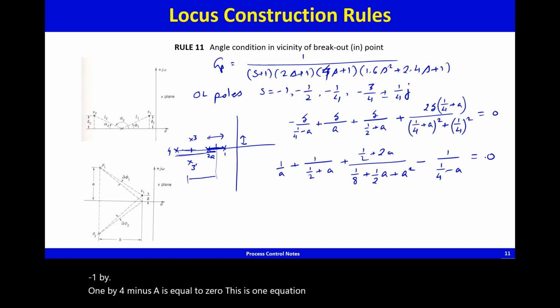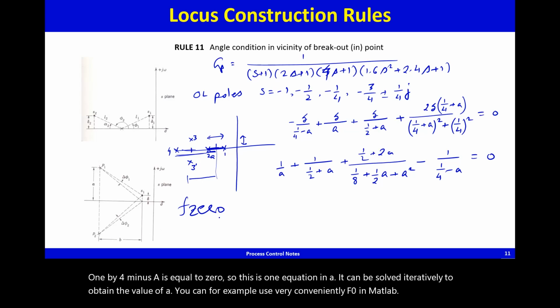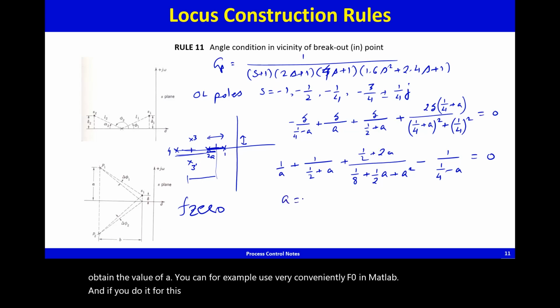It can be solved iteratively to obtain the value of A. You can, for example, very conveniently use fzero in MATLAB. If you do it for this example, it turns out that A is equal to 0.1612.